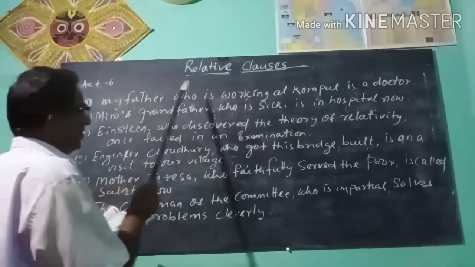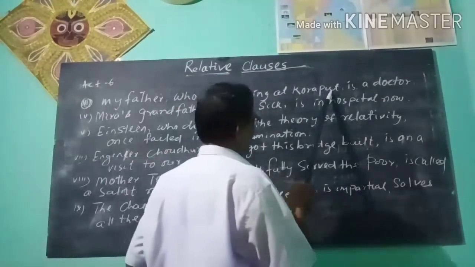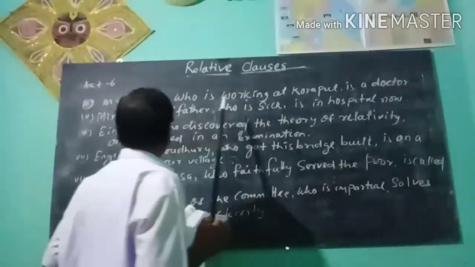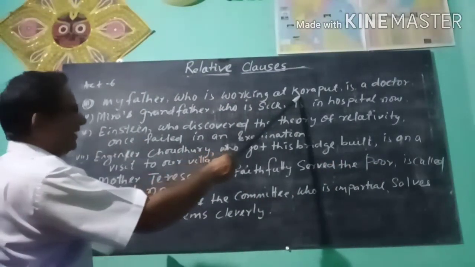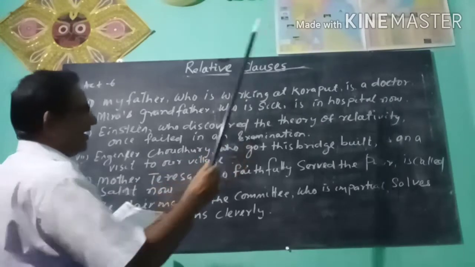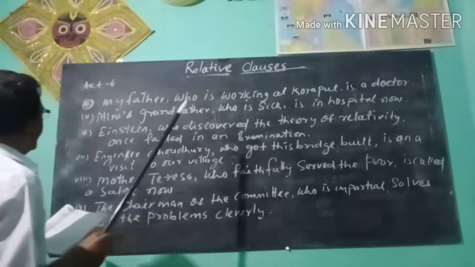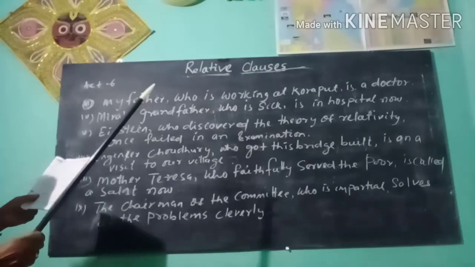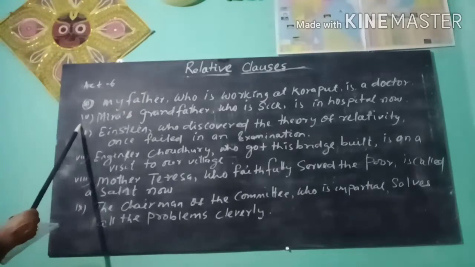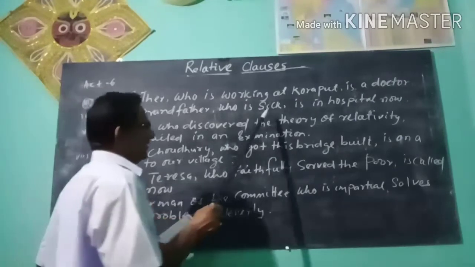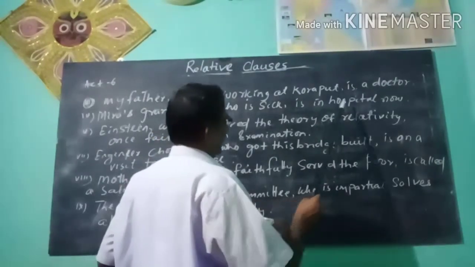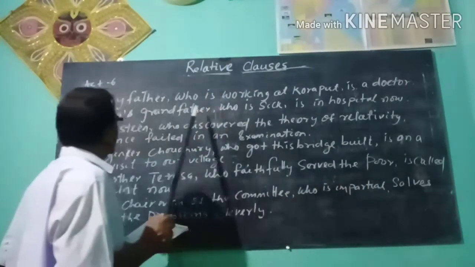My father, who is working at Koraput, is a doctor. Who is working at Koraput is a non-defining relative clause. Next, sentence number 4. Mira's grandfather, who is sick, is in hospital now.